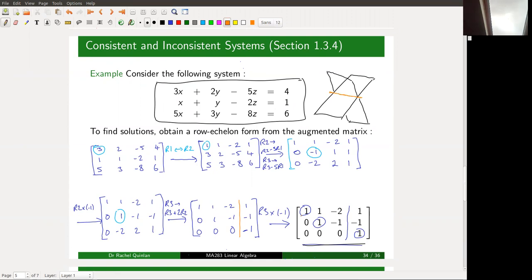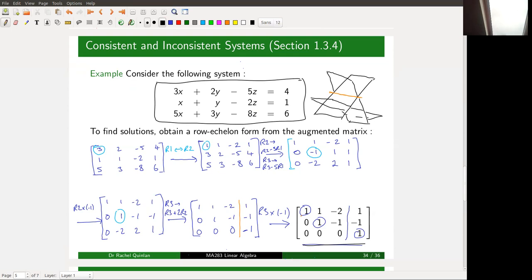And if the third plane was in some different direction so that line cut through it at one point, that point would be the unique simultaneous solution of all three equations. But the other thing that can happen is that that line could actually be parallel to the third plane. So the third plane could be like this. Okay, this is not a good picture, but hopefully you can see what I mean.